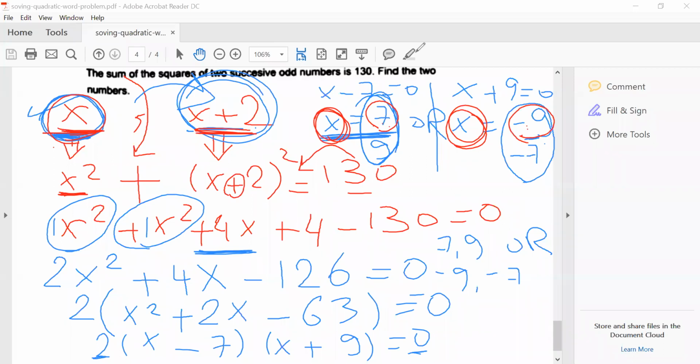No. They are 2 solutions for x. So the successive of 7 is 9 and the successive of negative 9 is negative 7. From the start I considered x and x plus 2. Put the value of x you got instead of x here. Taking negative 9, negative 9 plus 2 is negative 7. So the 2 numbers are 7 and 9, or negative 9 and negative 7.